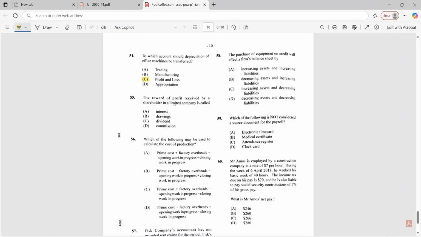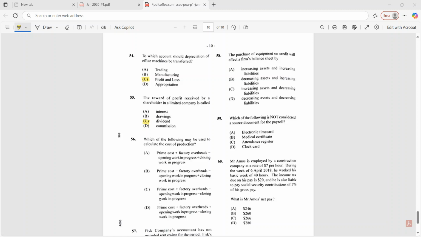The reward of profit received by a shareholder in a limited company is interest, loans, dividends, or commission. The answer for that would have been a dividend. 56. Which of the following may be used to calculate the cost of production?